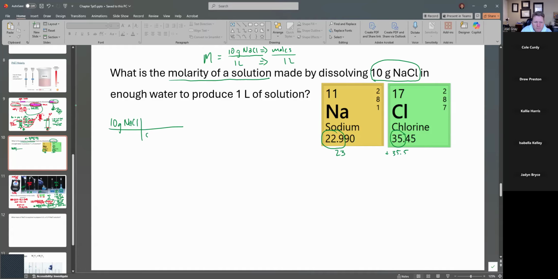So that would be 58.5 grams of NaCl is 1 mole NaCl. 10 times 1 divided by 58.5, and I get 0.17 moles NaCl.